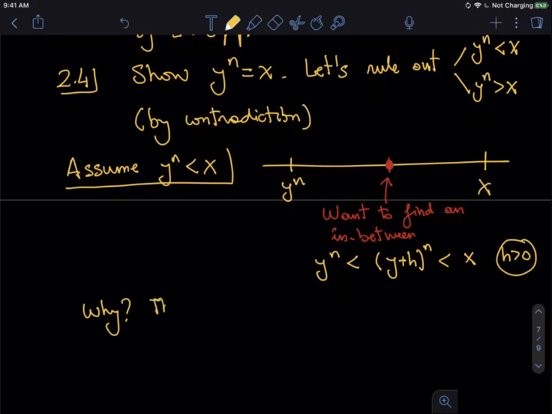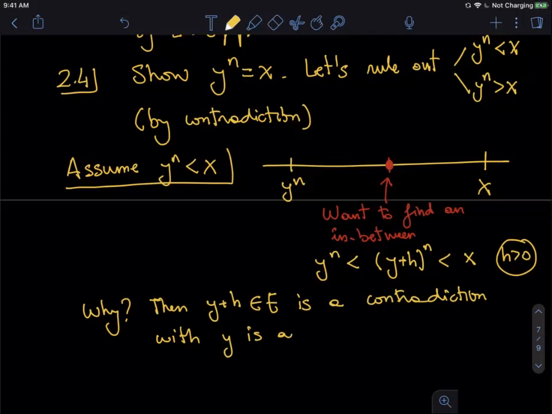Because then y plus h is going to be an element of E. If y plus h is an element of E, okay, then we have a contradiction with the fact that y is an upper bound, okay?